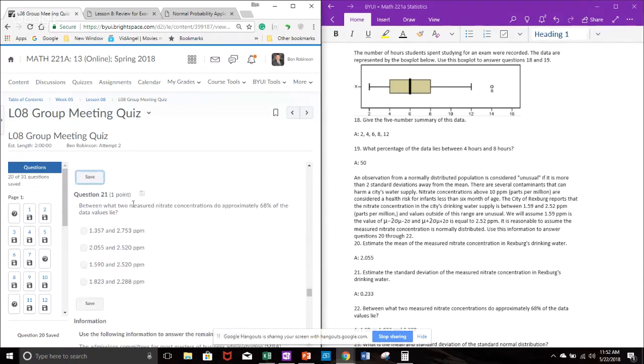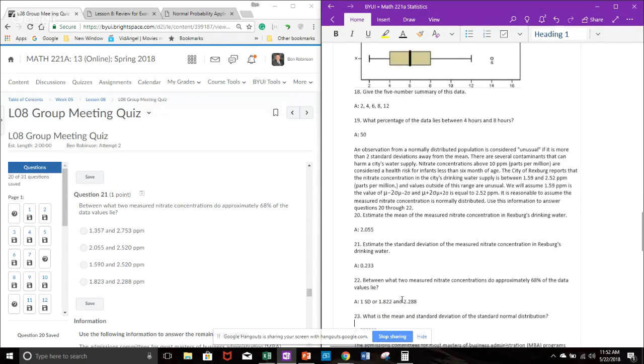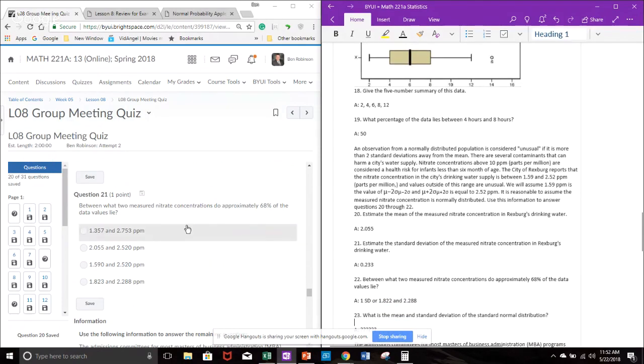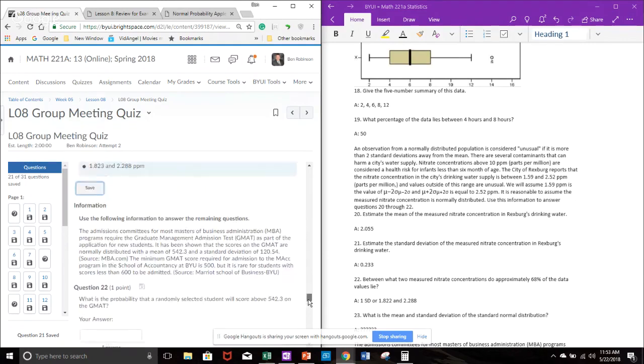Next, between what two measured nitrate concentrations do approximately 68% of the data values lie? We know that within one standard deviation is 68%, right? So one standard deviation would be this number down here. I actually thought it was 1.822, but they have 1.823, so that's the closest one. Yes, I agree with you.